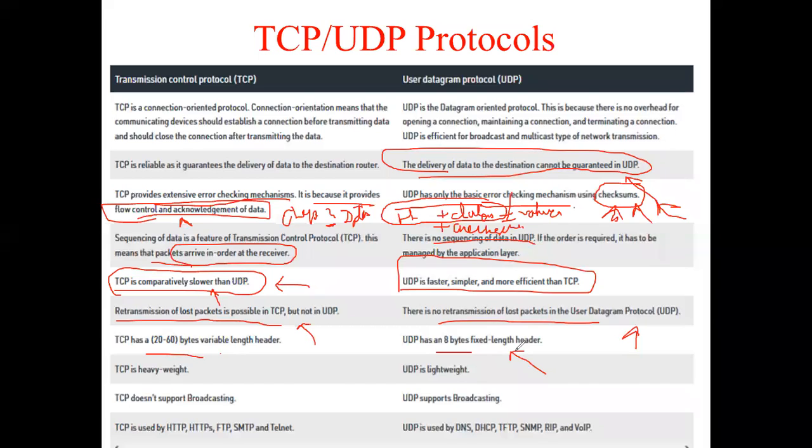Understand it in this manner: if we have some 1 MB of data and we are dividing it into small chunks, it may happen that the last packet may not require the entire window to be covered, right?